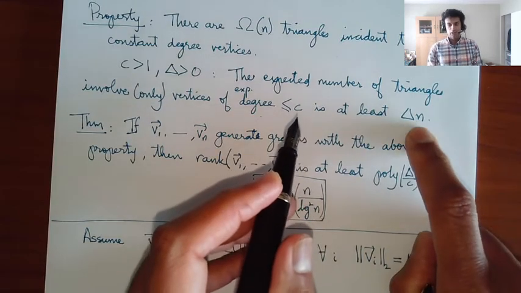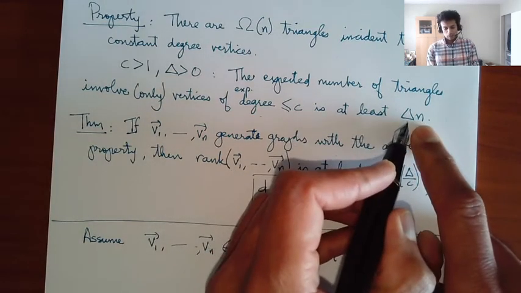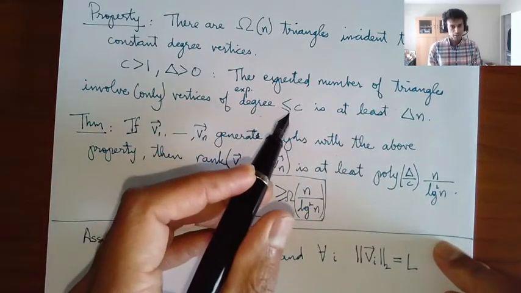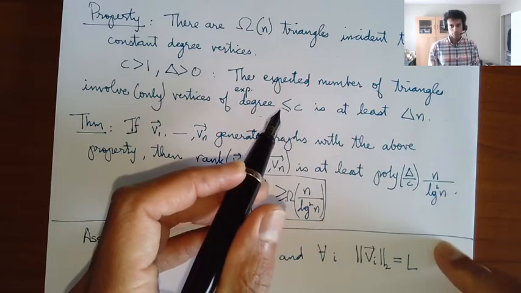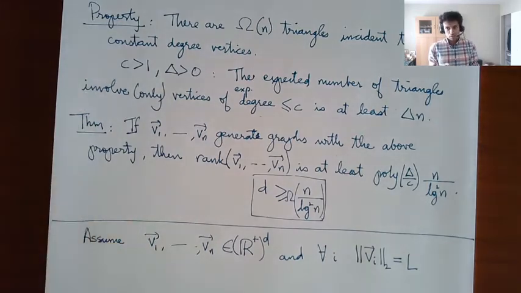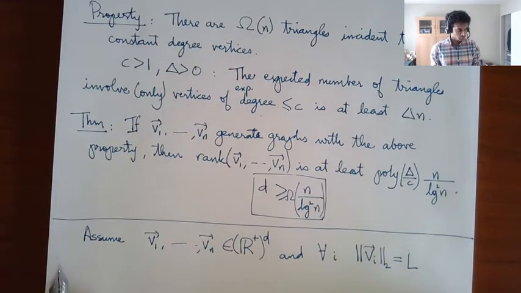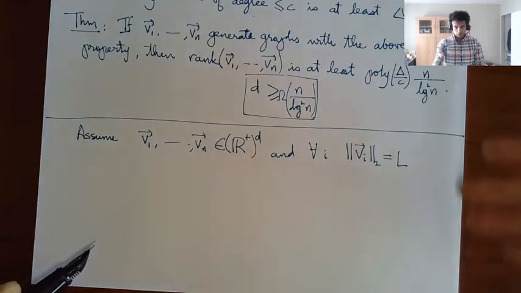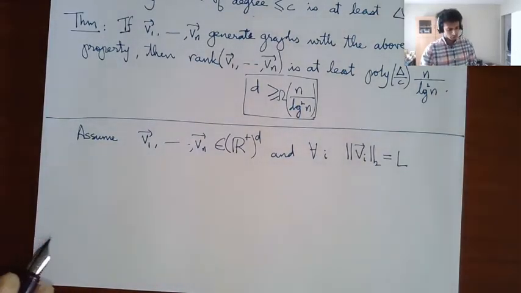The fact that you need lots of triangles is going to force the length to go up, and the fact that you have many vertices of low degree is going to force the length to go down. There is no way of getting the right value of the length unless the rank is sufficiently high. So let me now sketch out the proof with this condition.